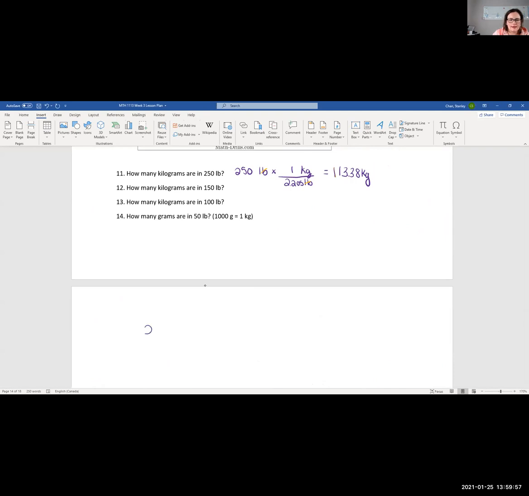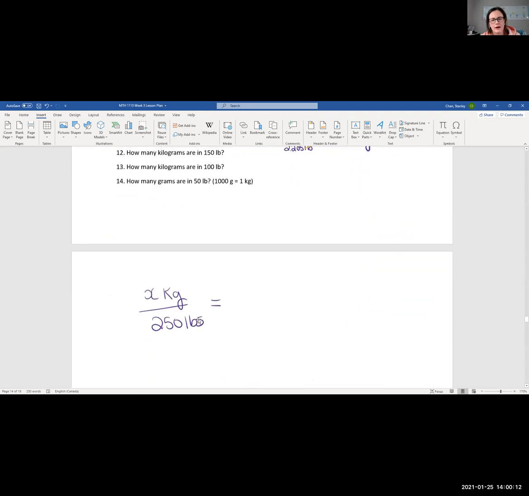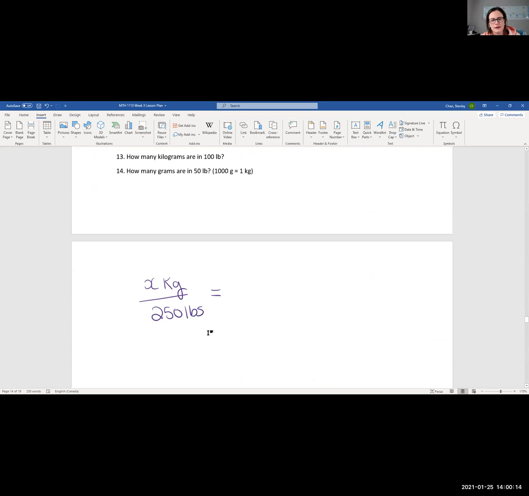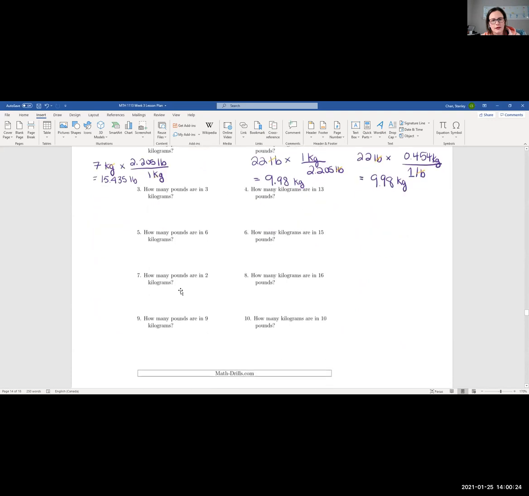So it's X kilograms over 250 pounds. And then we set it up, it's cross multiplication with the conversion factor. So the conversion factor has to be kilograms over pounds. So we could pick this conversion factor or we could pick this one. Both are equally valid. So 1 kilogram or 2.205 pounds.